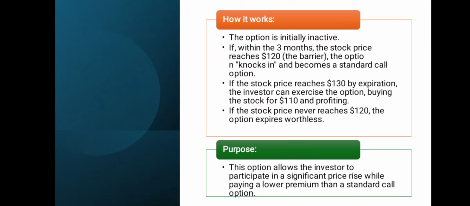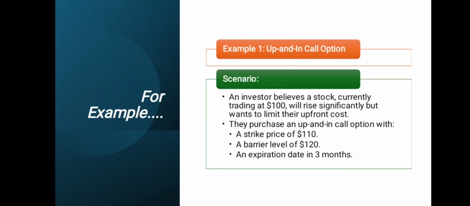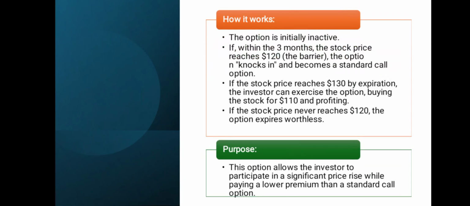And the third condition: if the stock price never reaches 120, the barrier level, the option becomes worthless. The purpose is that it allows the investor to participate in price movements and enjoy various market conditions at the same time. It has certain risks too.